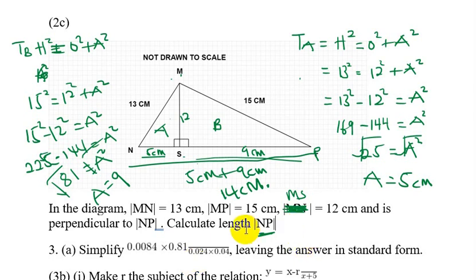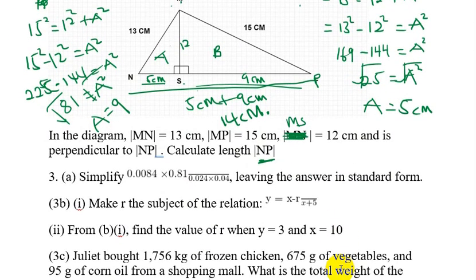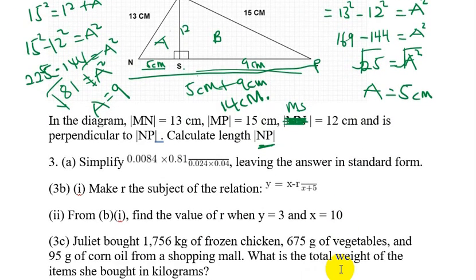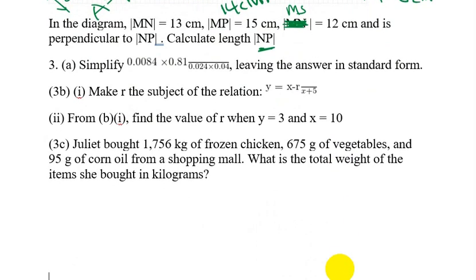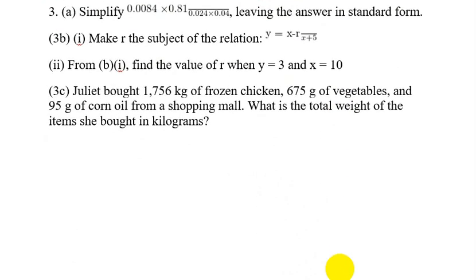Now let's go to question 3. Let's move to question 3. Question 3 says simplify 0.0084 times 0.81 all on 0.024 times 0.04, leaving your answer in standard form.